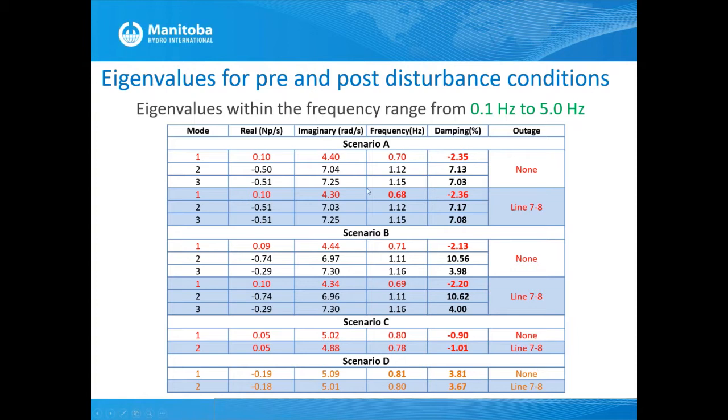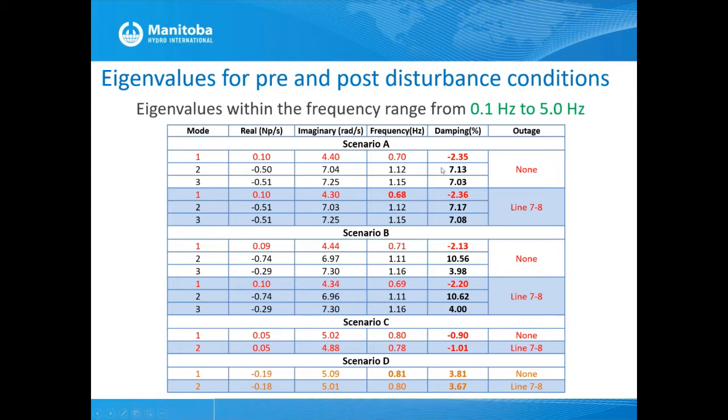So here what we are showing in this table is 4 scenarios: scenario A, scenario B, C, and D. In the first column you have the mode number. In the second column you have the real part of the eigenvalue for each mode, and in the third column you have the imaginary part of the eigenvalue, and in the fourth column you have the corresponding frequency, which is related to the imaginary part.